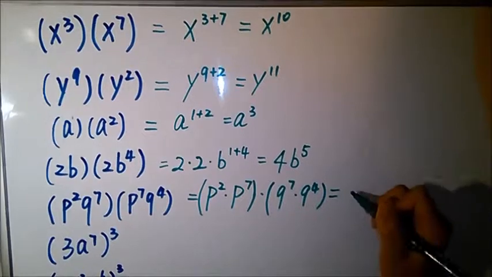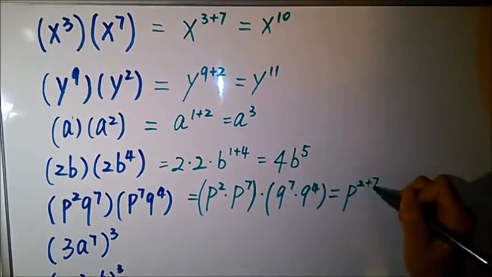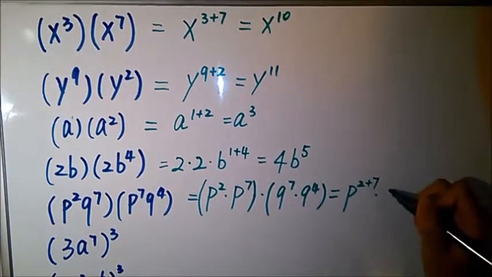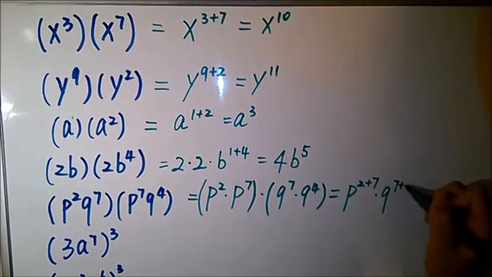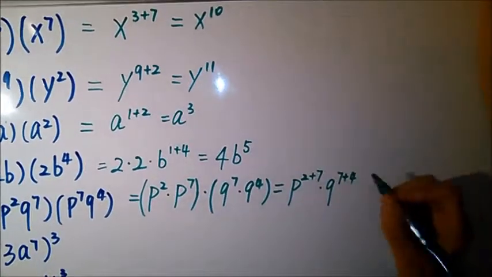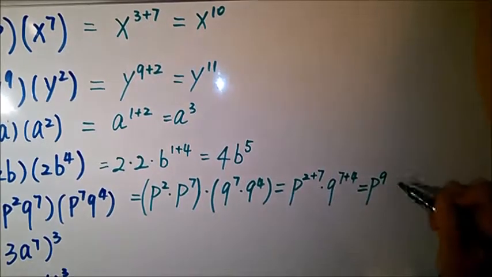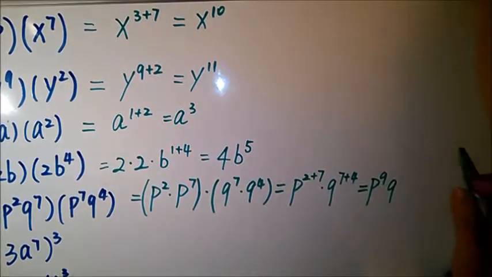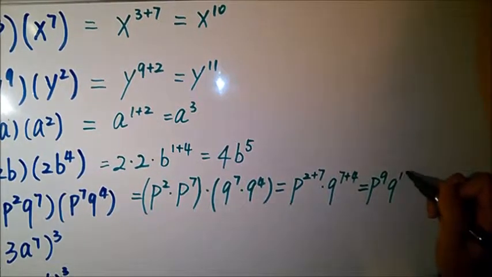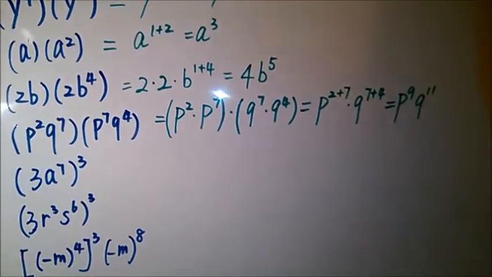And that will be equal to P to the 2 plus 7 power times Q to the 7 plus 4 power. And that will be equal to P to the 2 plus 7 power is 9 power. And Q to the 7 plus 4 power is 11. Next one.